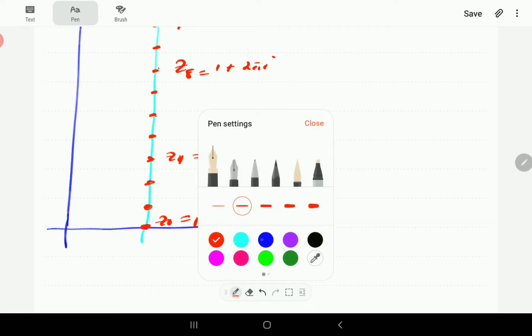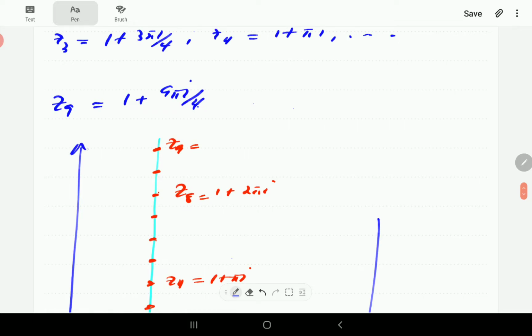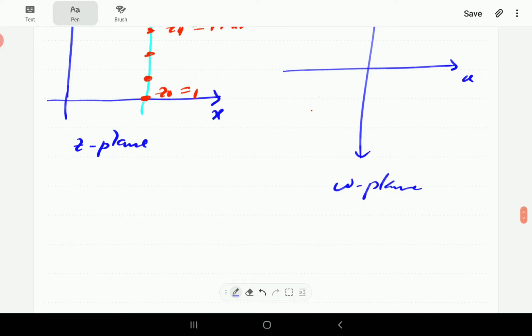So those are the complex numbers. Here we've got the x and y, so this is our z plane, and on the right hand side we're going to have our w plane. This is going to be u, and this is going to be v. Now we know that f of z is e to the power z.